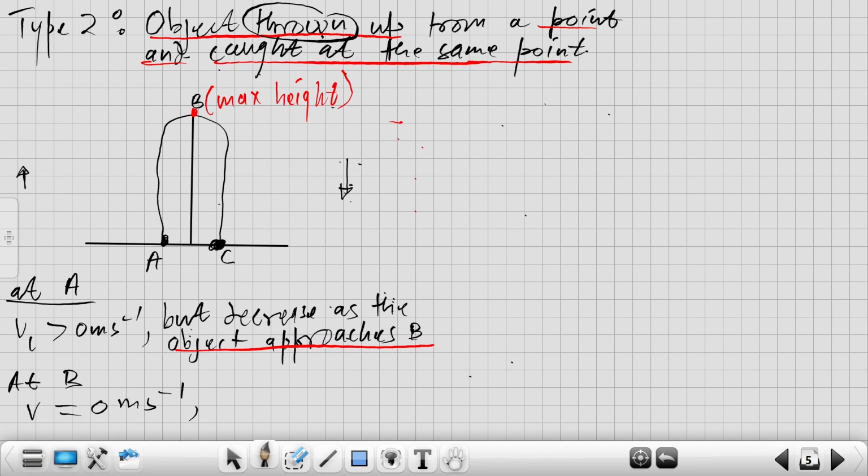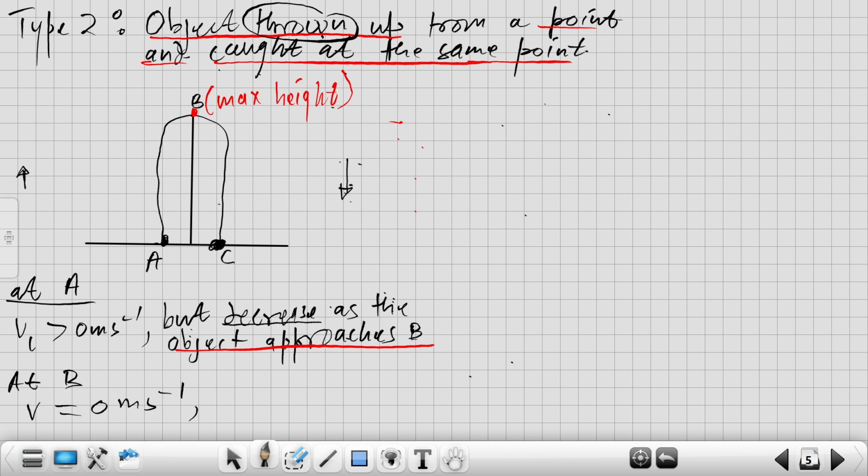Why is that the case? Because at maximum height, I want to change the direction. So for me to change the direction, I should quickly stop and then change my direction. It will not change direction if the velocity was increasing. No, the velocity is decreasing as I move from A to B.